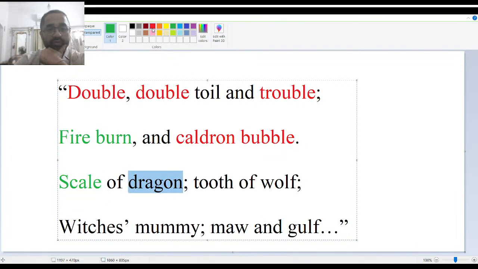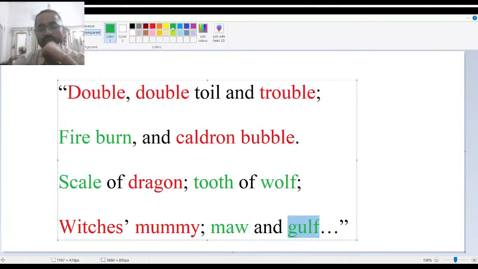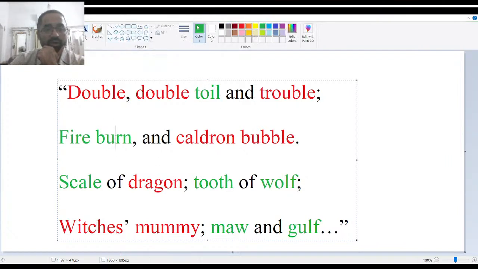Dragon, two syllables. Tooth, one syllable. Wolf, witches, two syllables. Mummy, two syllables. Maw, one syllable. Gulf, which half rhymes with wolf, is one syllable. Or you have toil as well, one syllable. So that's done, and then you have to accentuate.